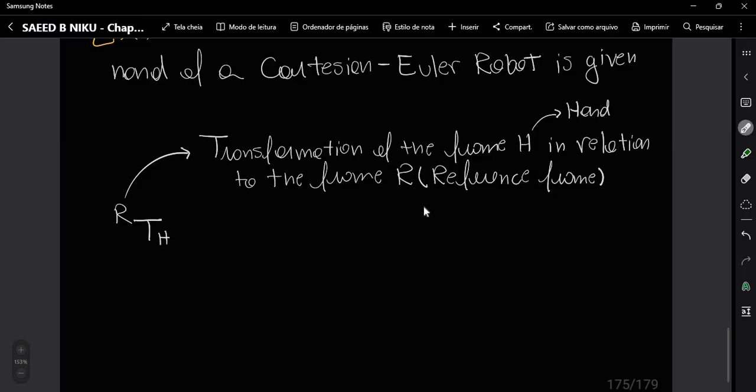And as you can see, now it is a Cartesian and Euler robot.